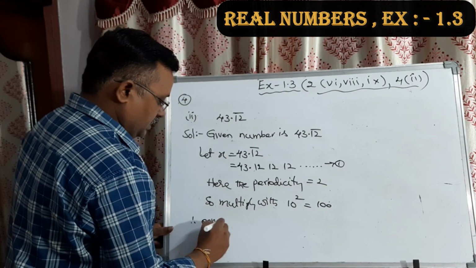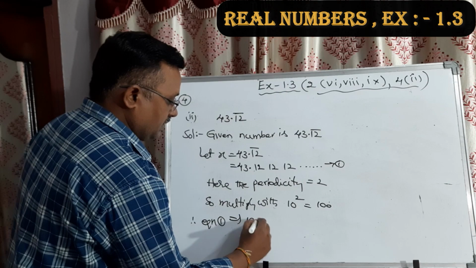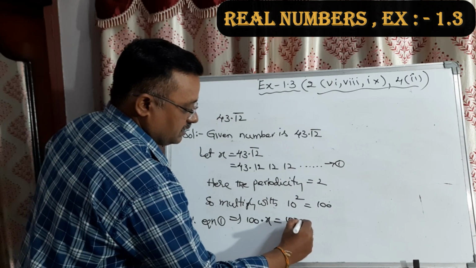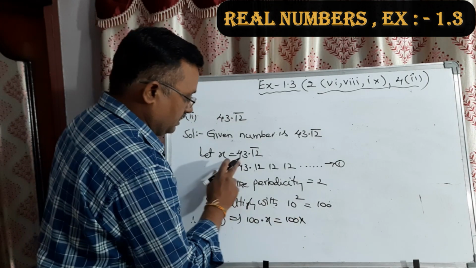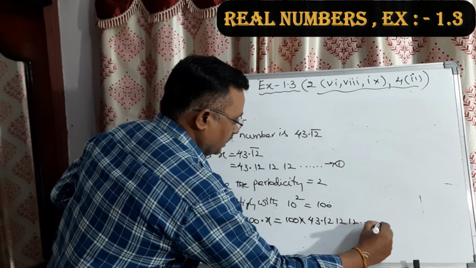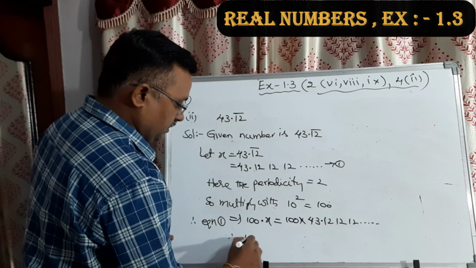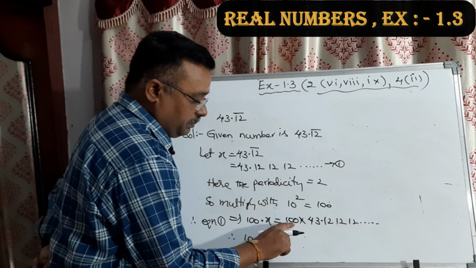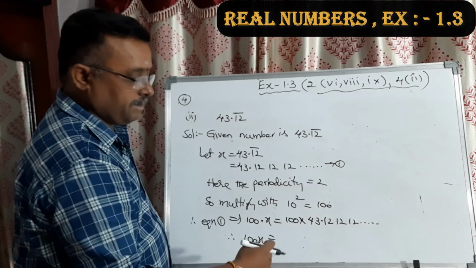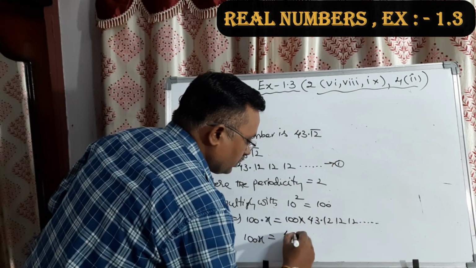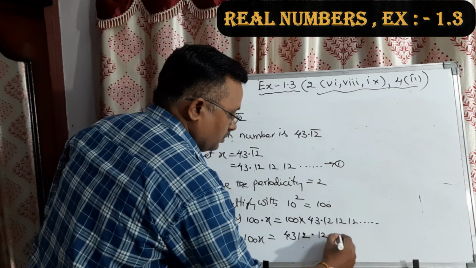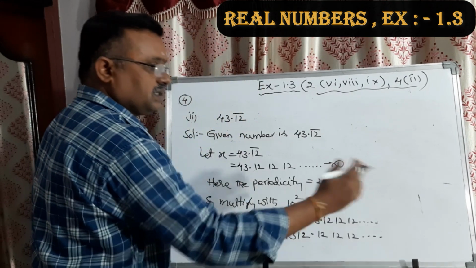Therefore equation 1 implies 100 times x equal to 100 times, here I am writing the multiplication symbol, 100 into 43.121212 and so on. Therefore 100x equal to, if you multiply by 100, automatically the decimal point will move 2 steps to the right side. Therefore it will become 4312.1212 and so on, because repetition is there.